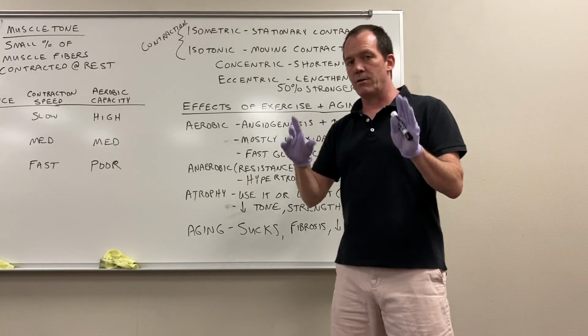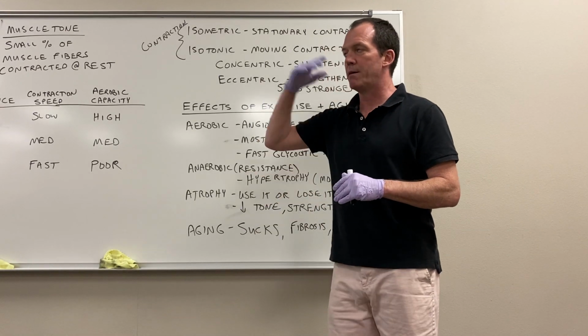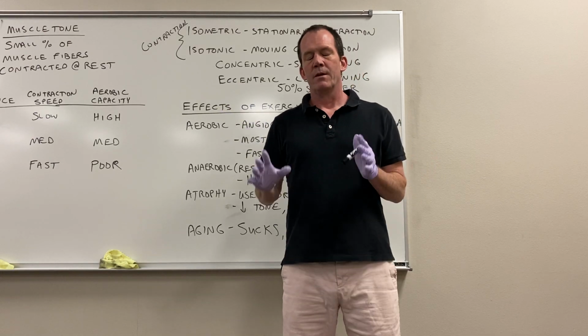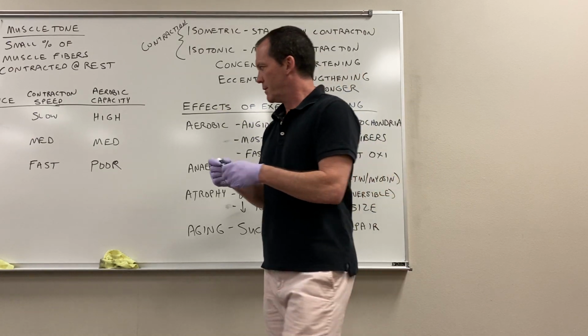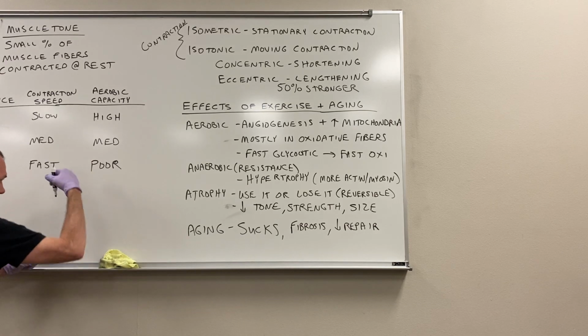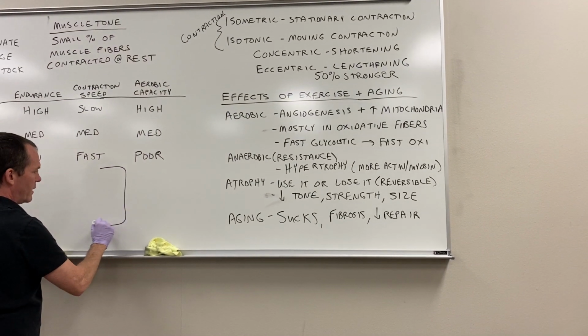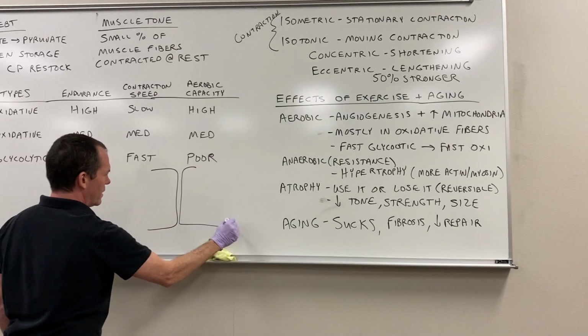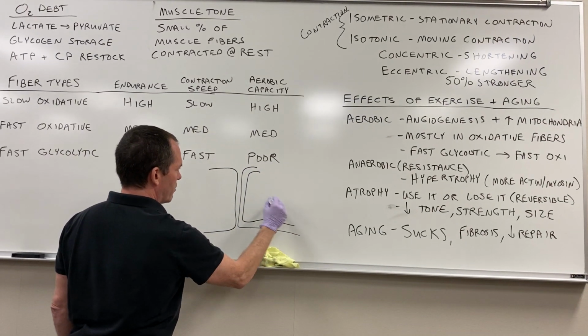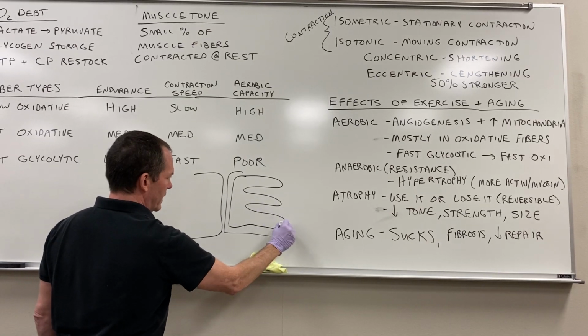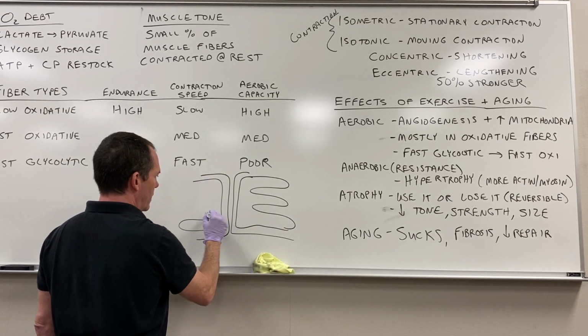Okay, that's the end of this, but I do want to talk about rigor mortis, which is something I wanted to mention much earlier. So picture this. I'm going to draw a quick and dirty cell with the myofibril with the sarcoplasmic reticulum here, right?